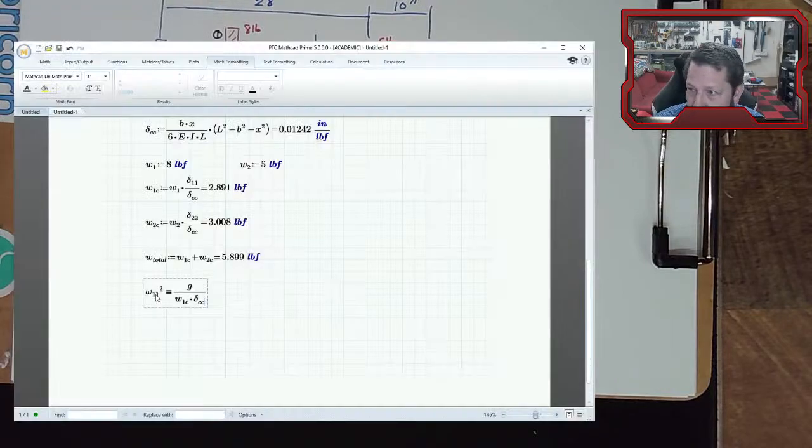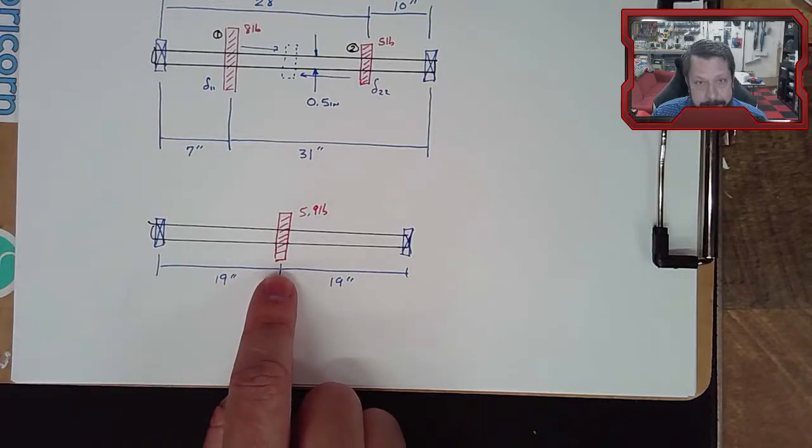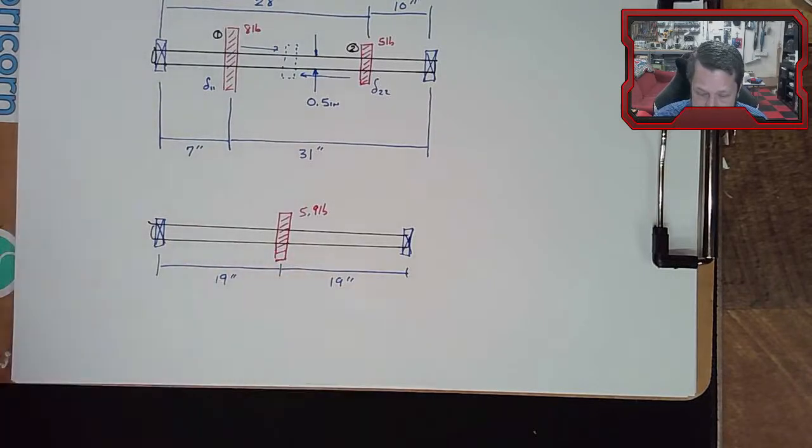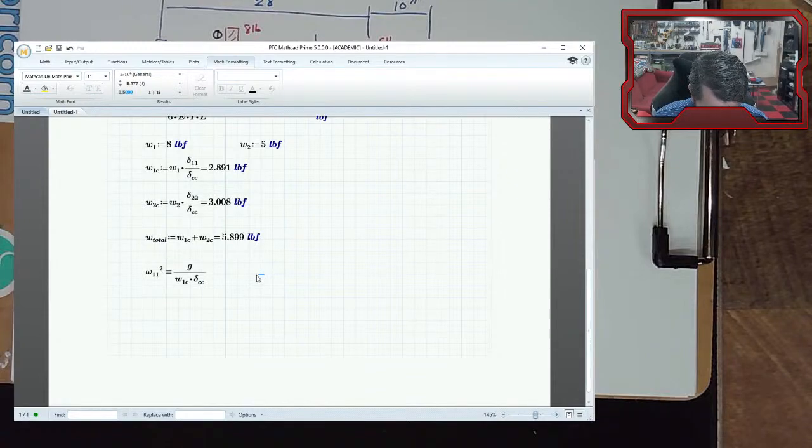And so when we're talking about omega 1,1 in this equation, there's only the one location, and that location is the center of the beam. So don't get too confused with the 1,1 here. It's not the same 1,1 as it was before. All right, so let's solve this. We need omega.